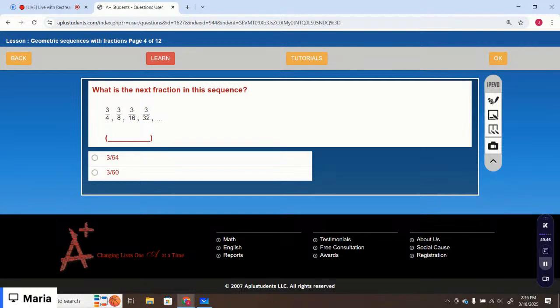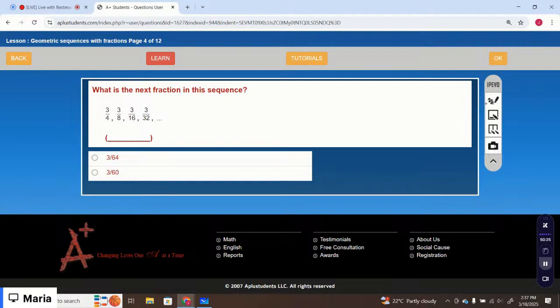What is the next fraction in the sequence? 3 by 4, 3 by 8, 3 by 16, and 3 by 32.